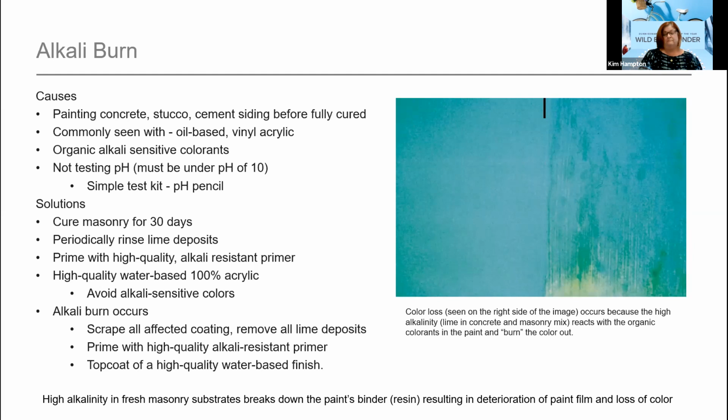The lime deposits can be periodically rinsed, recommend priming with an alkali-resistant primer, or using a 100% acrylic paint, as well as avoid selecting alkali-sensitive colors. If alkali burn occurs, then scrape all affected areas, remove all lime deposits, prime with a high-quality alkali-resistant primer, and then a top coat of high-quality water-based finish.